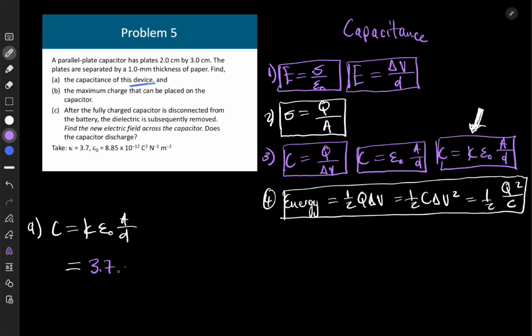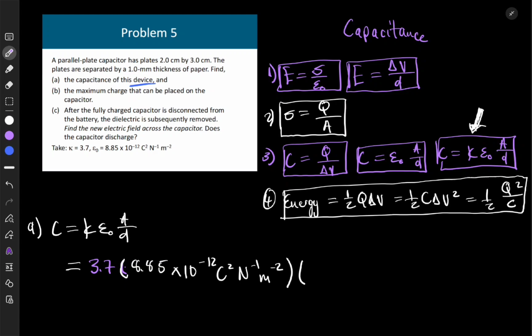Then it's going to multiply. We say 3.7 by epsilon 0. You can have it in your constants if it's in the test. It's 8.85 times 10 to the negative 12 Coulomb squared per Newton per meter squared. And then we multiply by A over D. What is A?